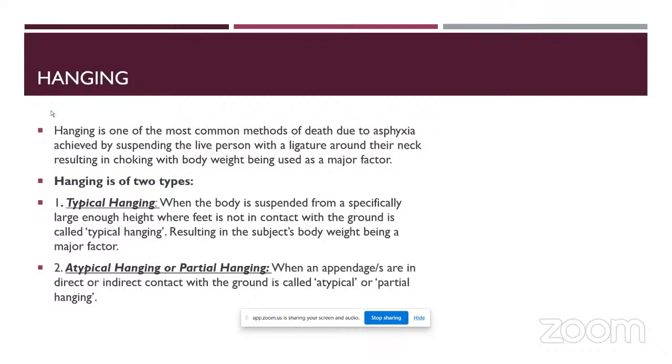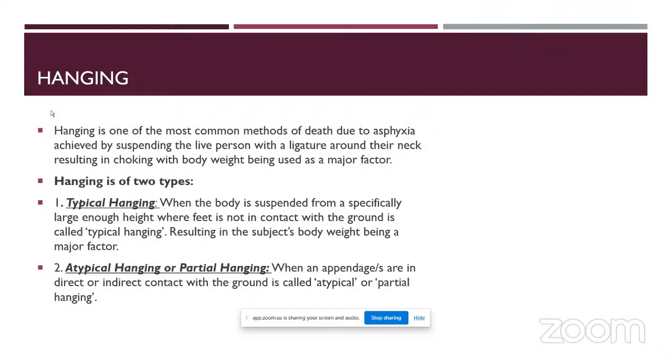There is no sense of these things, and it is followed by unconsciousness. But since the onset of unconsciousness is very fast, hanging may be considered a painless mode of death. Due to the fast onset of unconsciousness, it may not be possible to save oneself in accidental or suicidal hanging.